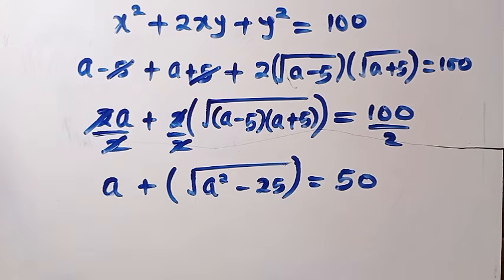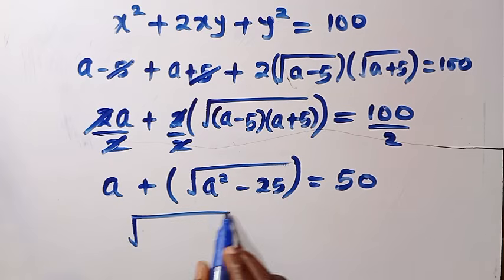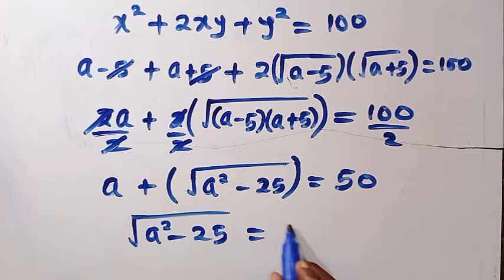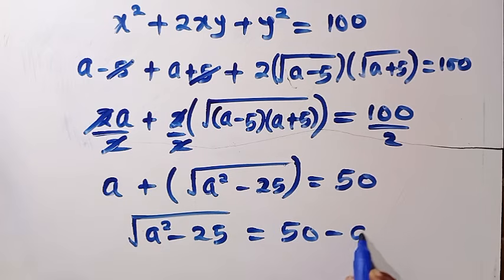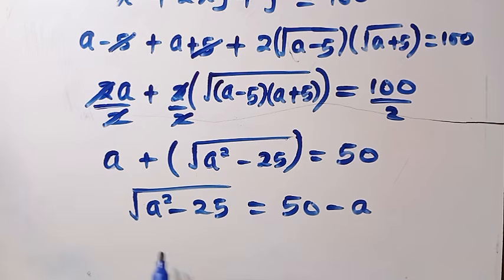And let's say I take this a to the other side, we are going to have the square root of a squared minus 25 equals 50 minus a. But we have to note that 50 minus a is greater than or equal to 0. So since we know that this thing is non-negative, let's try to take the square of both sides.